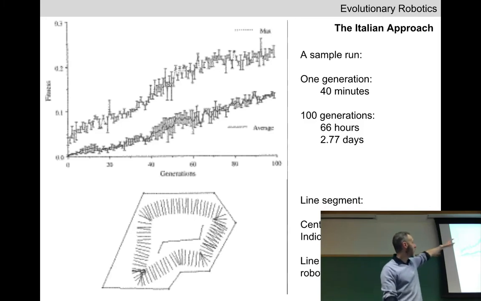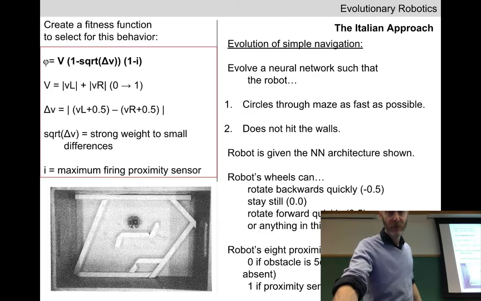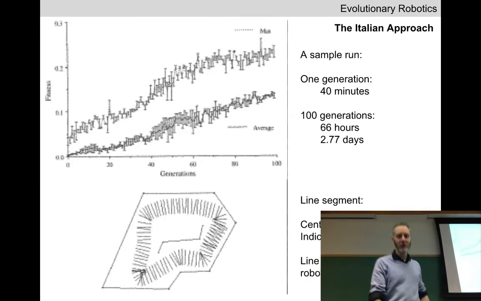The vertical axis is showing the fitness according to phi here, right? So the upper curve, which is hard to see in this picture, says max, and the lower curve is average. The upper curve is showing the best robot in the population at that time. Remember, they're evolving populations of neural networks.